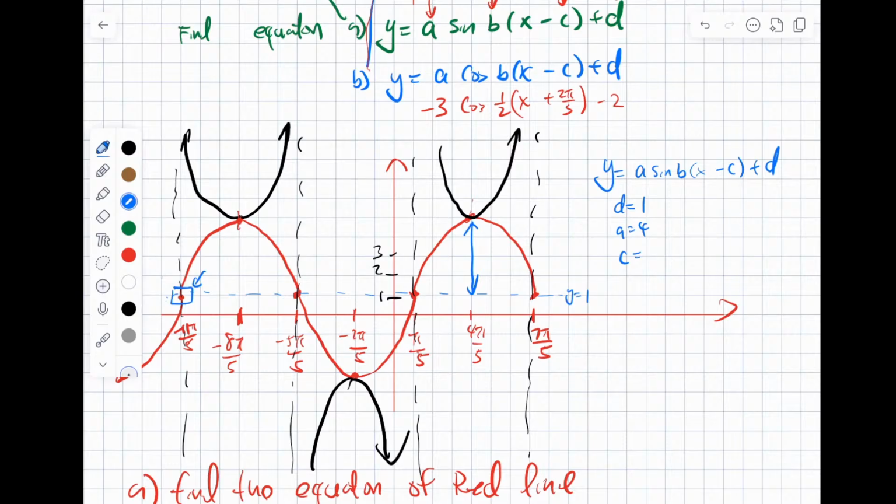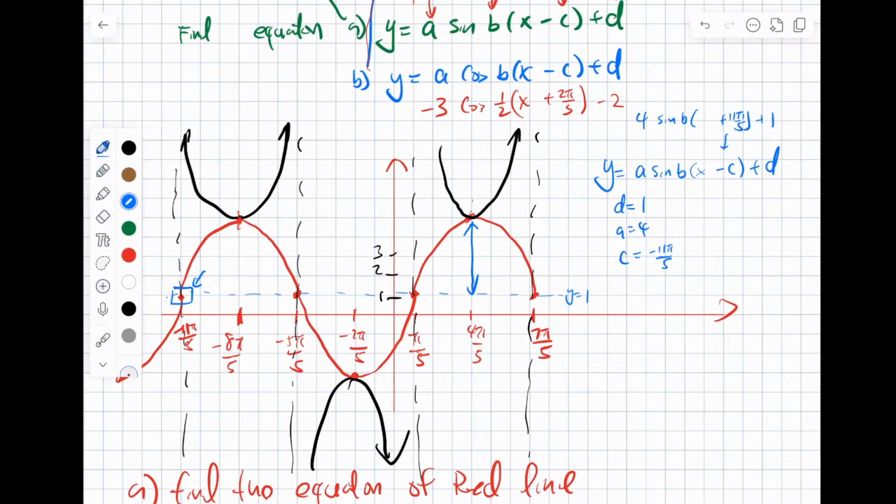If moving left, then c is going to be negative 11 pi over 5, which is going to be plus 11 pi over 5. Does that make sense? This will end up to be plus 11 pi over 5. Is that okay? And this is 1. This is 4, and the sine, and then b.